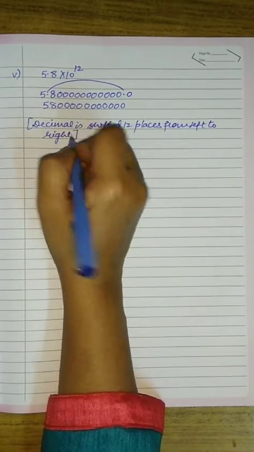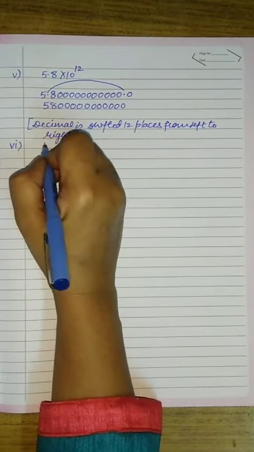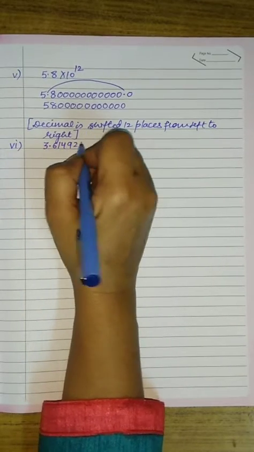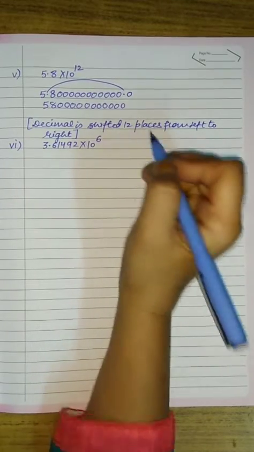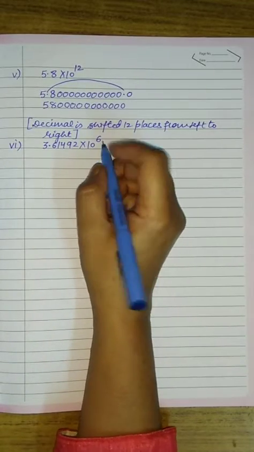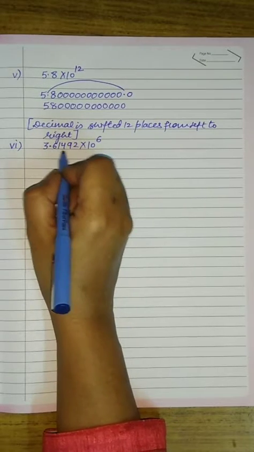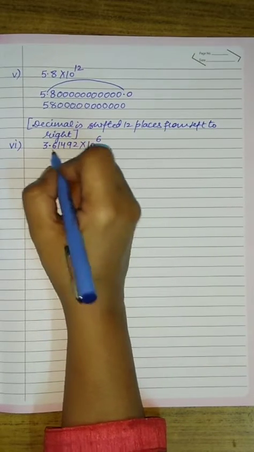Now sixth part of this question, we have 3.61492 into 10 raised to power 6. Here also exponent is positive and I have to shift the decimal 6 places. After decimal I have already 5 digits, so I have to put only 1 zero.